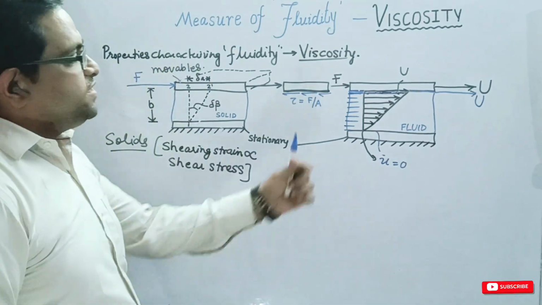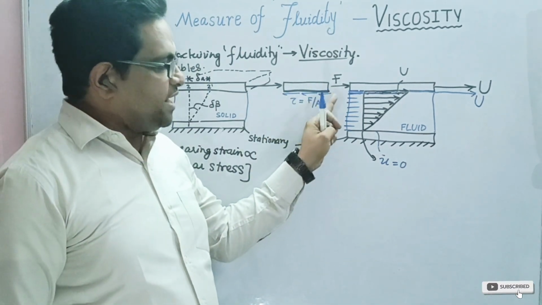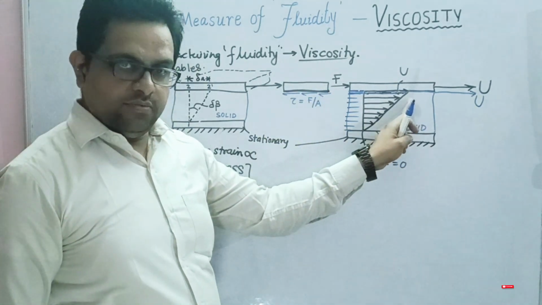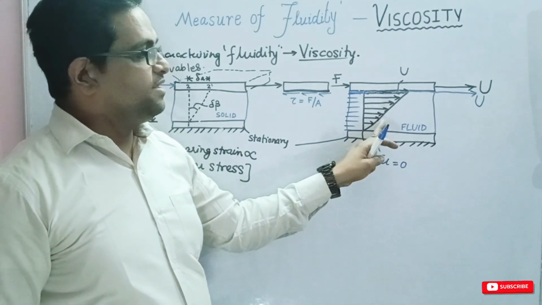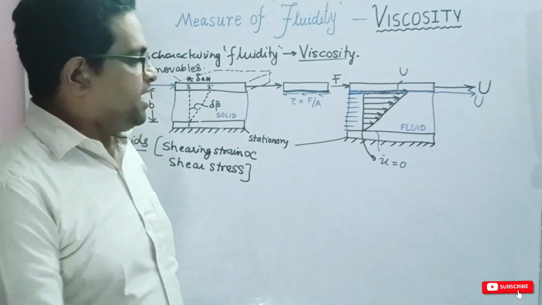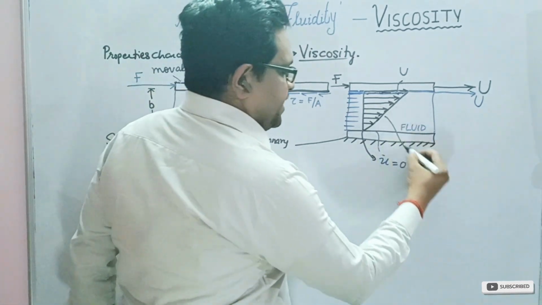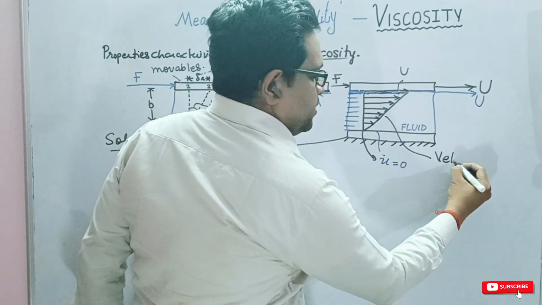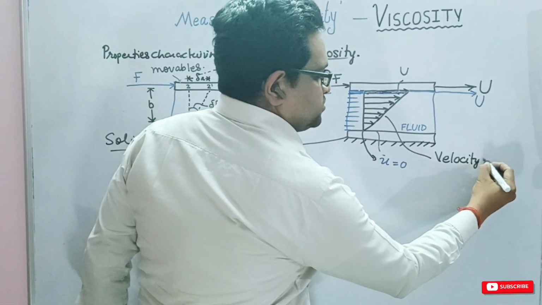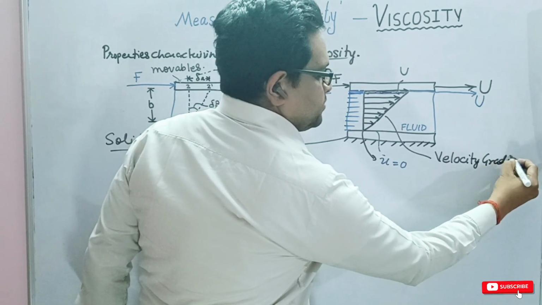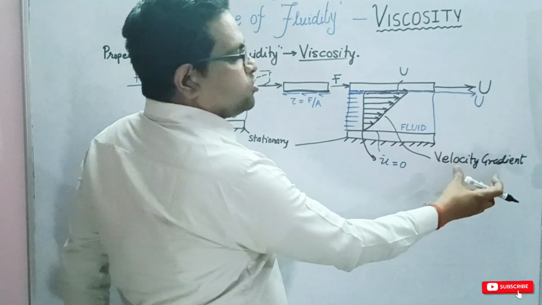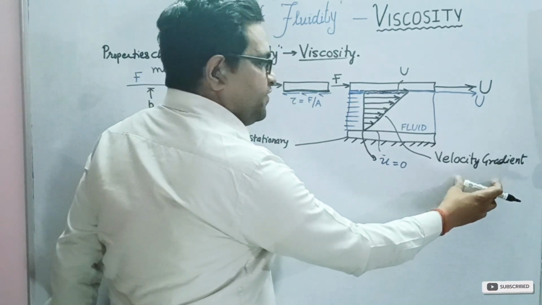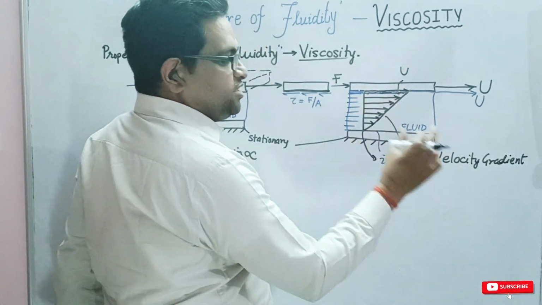It is because of this shear force that a shear stress is developed, and it is because of this shear stress that we get a velocity gradient. Remember this term, velocity gradient. The cause of this velocity gradient is nothing but the shear stress.